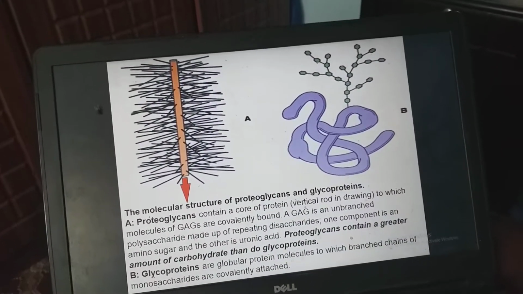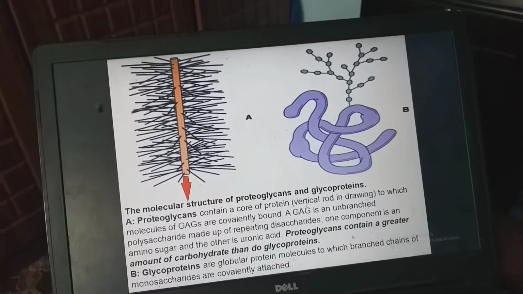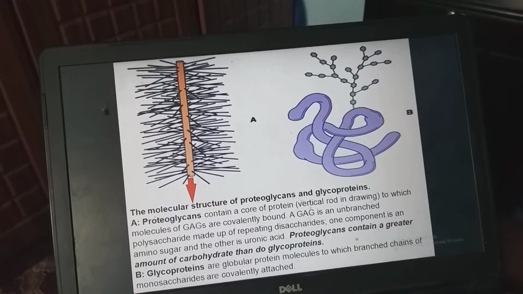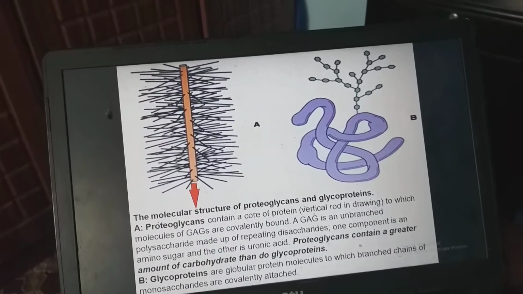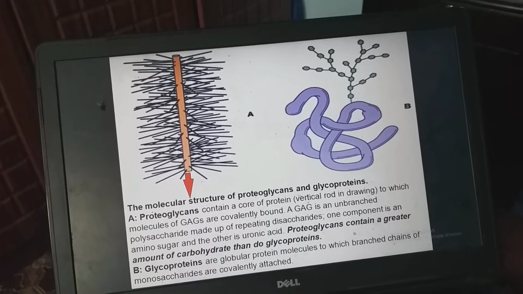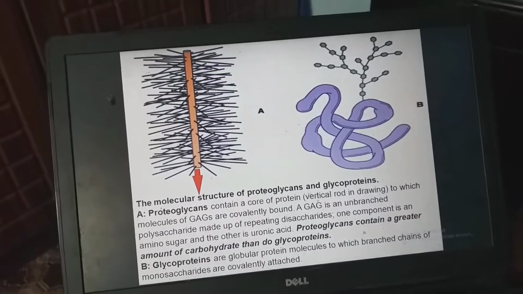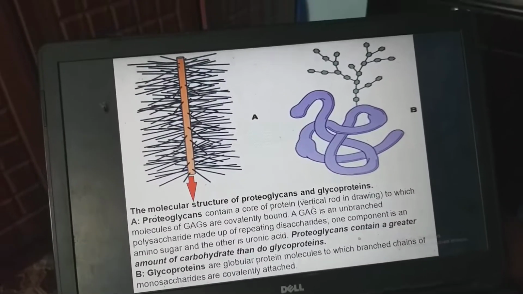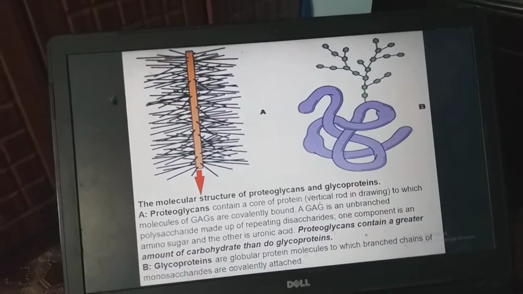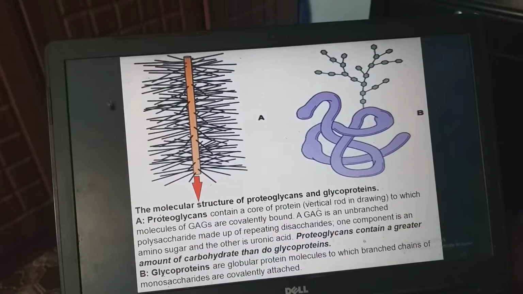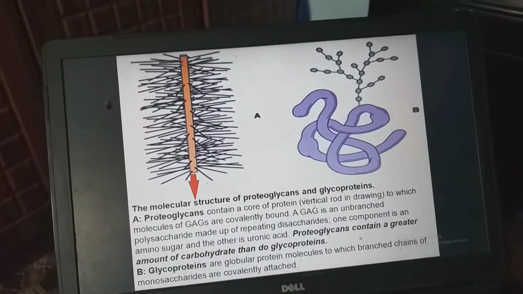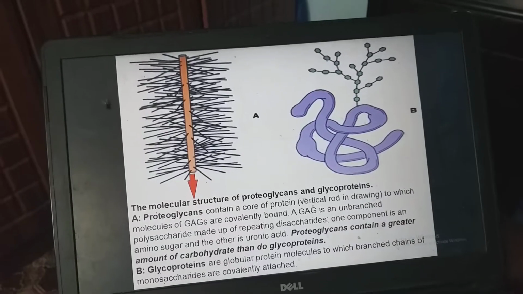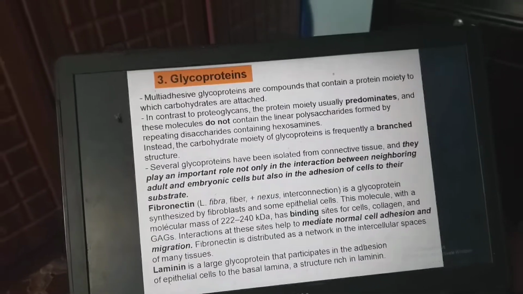Don't forget, A is proteoglycans: 95% carbohydrate, only 5% protein. But when we come to glycoprotein in B, the structural difference is that it is not straight, not linear. It is globular and branched. It has more protein and less carbohydrate, which is the opposite of proteoglycans.